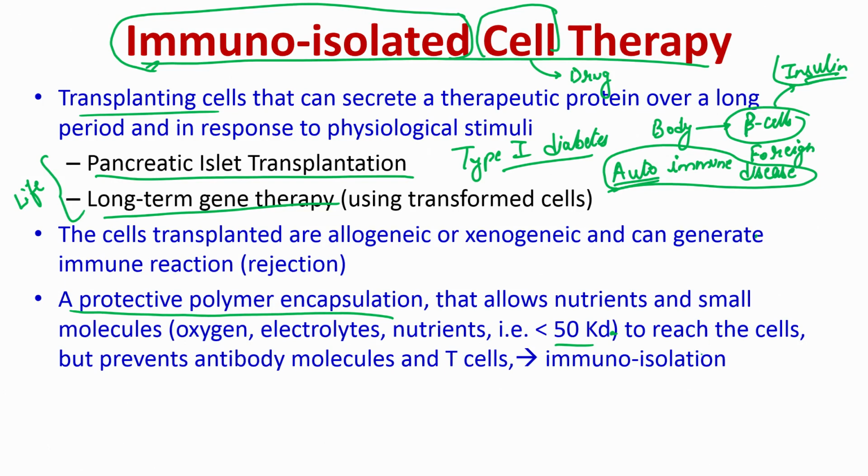So, what this means is we are relying on the fact that most of the immune system molecules and cells are fairly large.